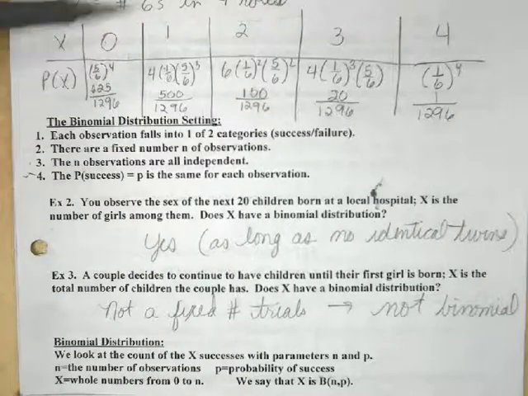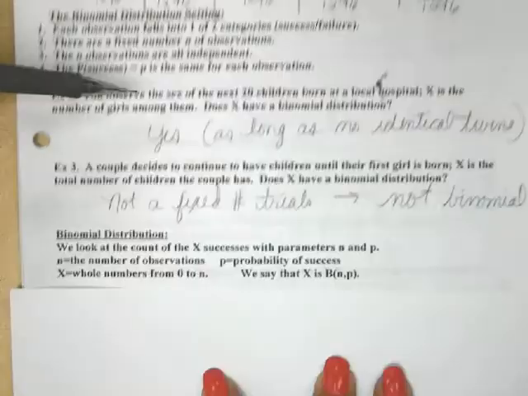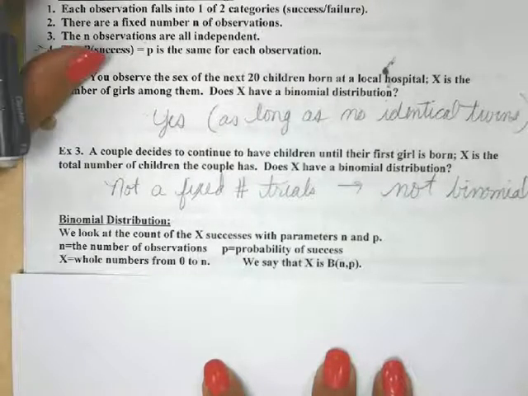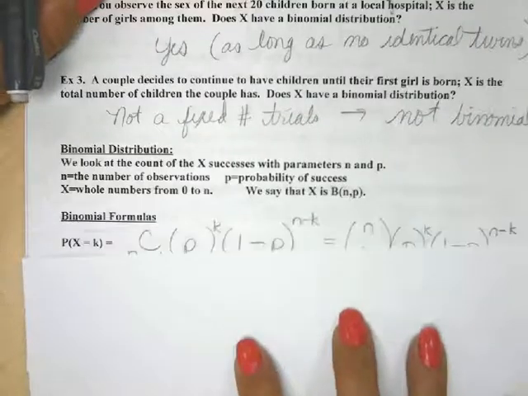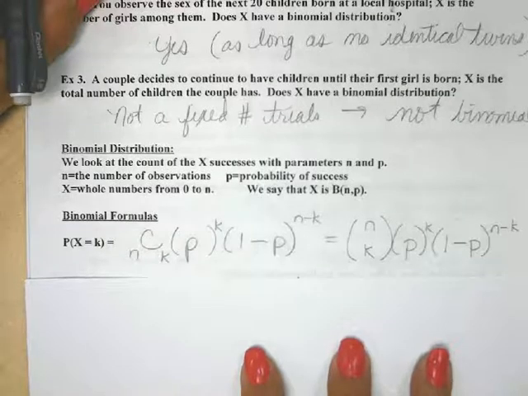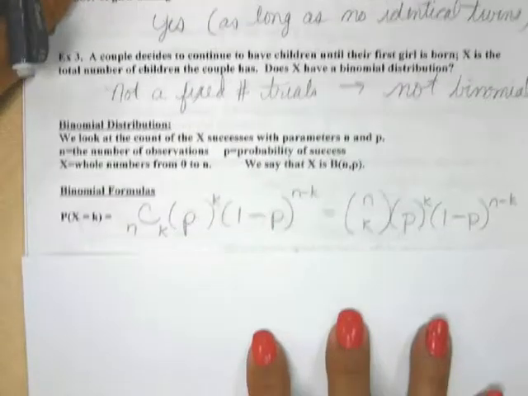For our situation here, rolling a 6 was a success, and that was 1/6. Here, the probability of a girl being born was our, quote, success when we were looking at the number of girls being born, and that would be 1/2. And then this is our setup for recalling how we find the particular probability of a binomial event.